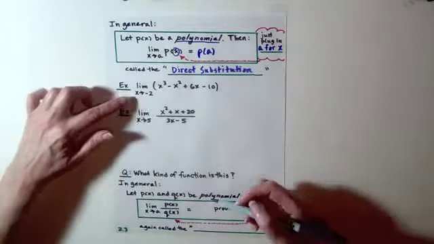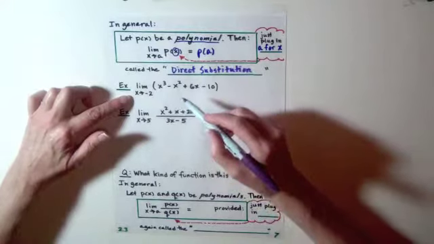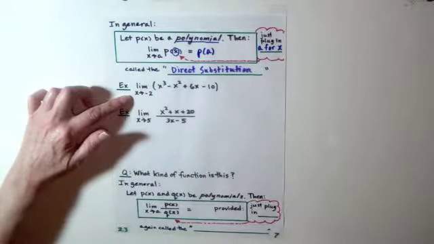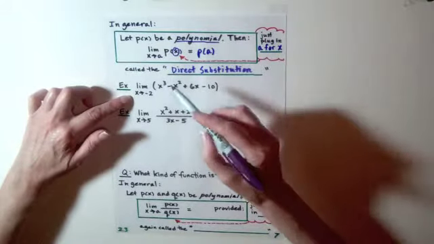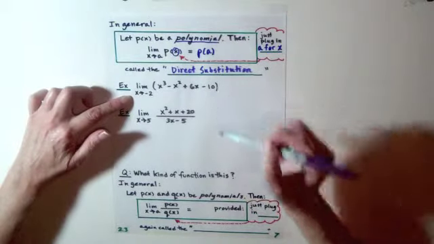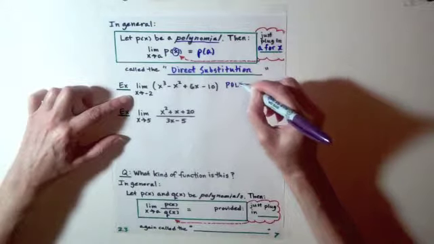Alright, so in this example, we're finding the limit as x approaches negative 2 of x cubed minus x squared plus 6x minus 10. First of all, you have to ask yourself, is this a polynomial? And yes, it is. It's positive integer powers of x, and this last term is a constant term, so this is definitely a polynomial.